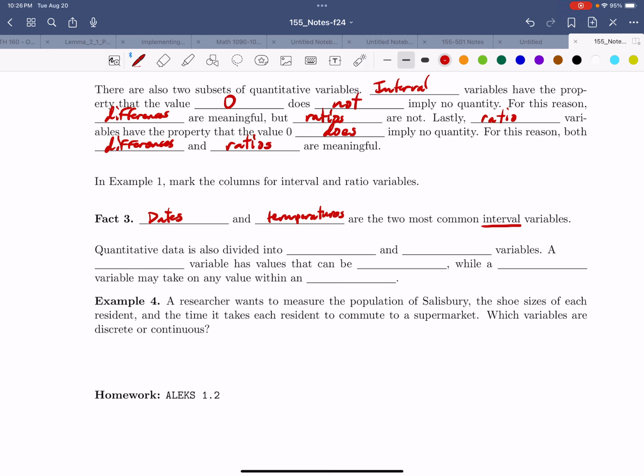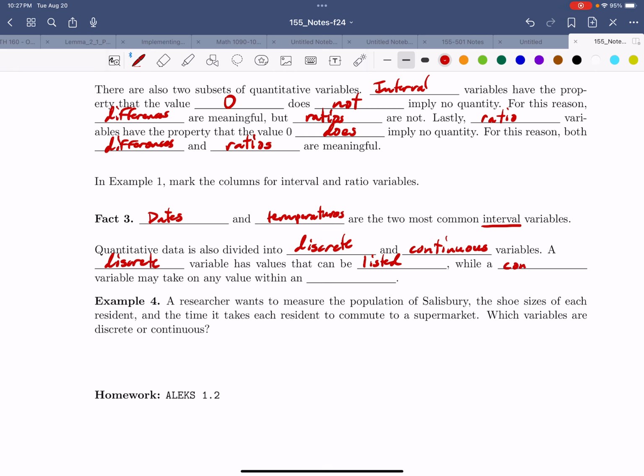One last thing I'd like to point out, quantitative data is also divided into discrete and continuous. A discrete variable has values that can be listed. There may be infinitely many of them, but they can still be listed.